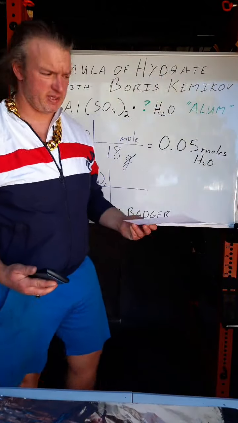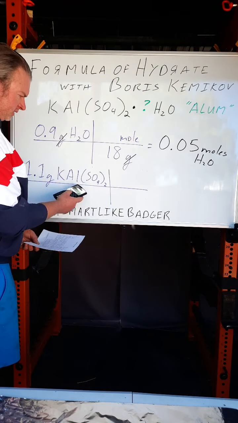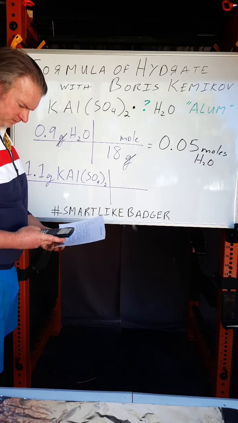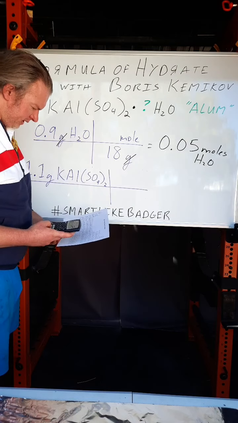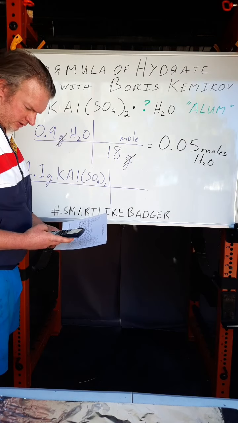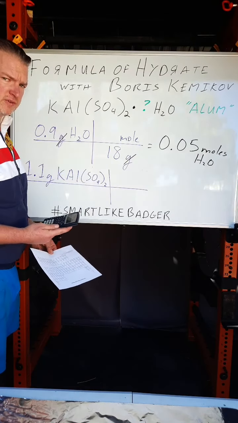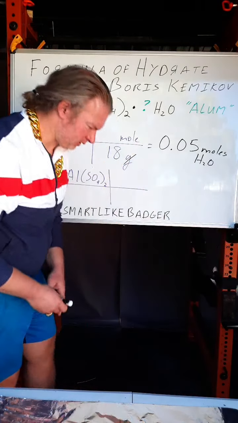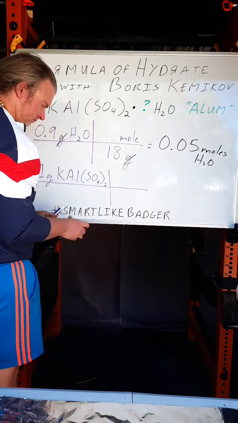Designed by Dmitry Mendeleev. We call this Mendeleev's table back in the mother country. We have 1 potassium, 1 aluminum, 2 sulfurs, and 8 oxygens. Aluminum 27, potassium 39. All of these atoms added together is 258 grams per mole. We want grams to cancel.